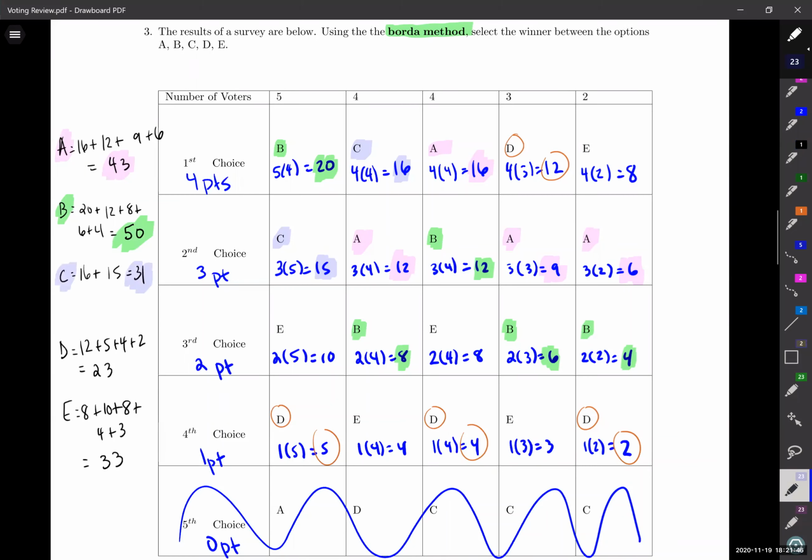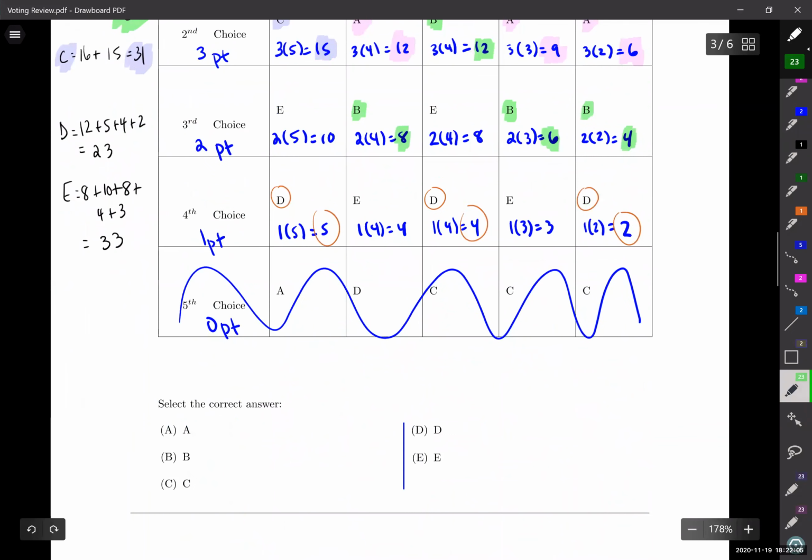So y'all verify these numbers. A would be 43, B 50, C 31, D 23, E 33. Good. Once we've calculated that and added everybody together carefully, highest points win, no matter what. There's no threshold, just highest points. So I think we would call B the winner of this election. So B's the winner.